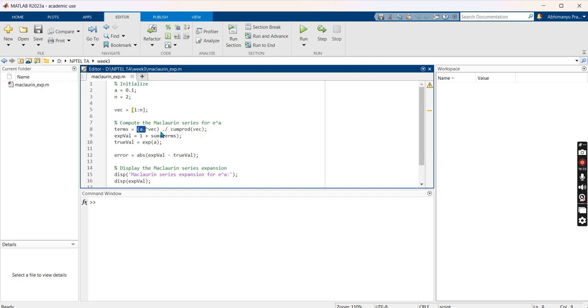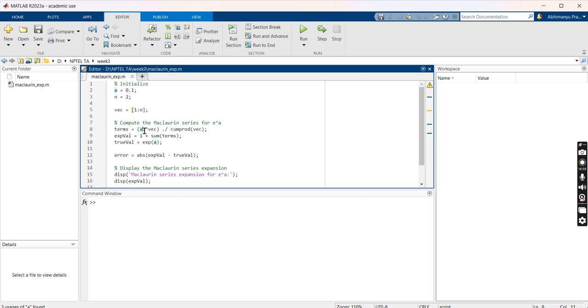So this is the later part of that Maclaurin series. If I have two number of terms, the first one will give me 0.1 to the power 1 divided by 1 factorial. The second term would be 0.1 to the power 2 divided by 2 factorial.